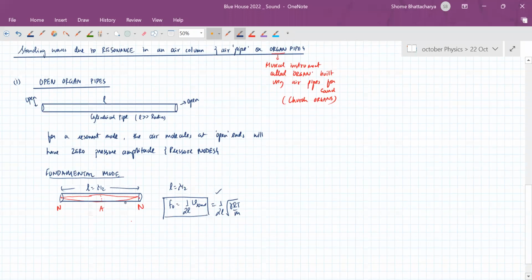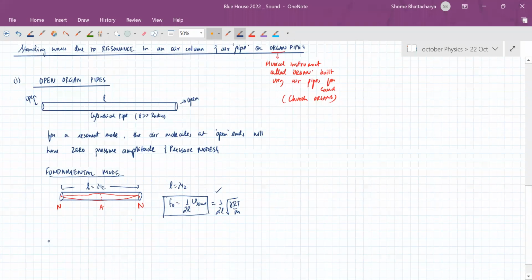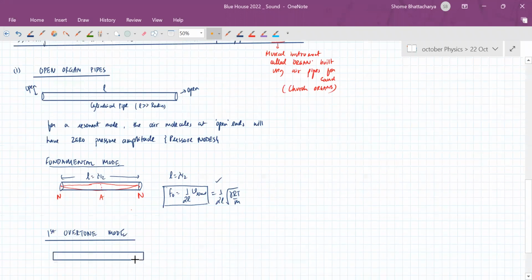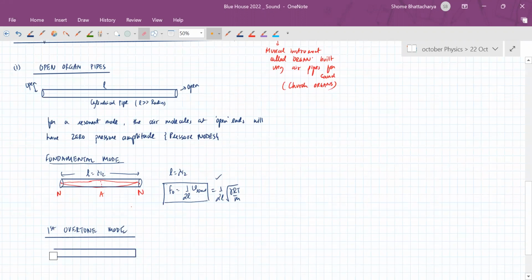So in this mode, we had two nodes and one antinode. Now in the next one, we'll have three nodes and two antinodes. So first overtone mode. The two open ends are still nodes, but now we have one more node which will be at the midpoint.